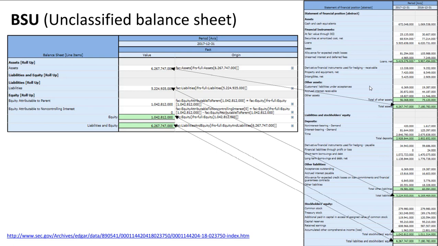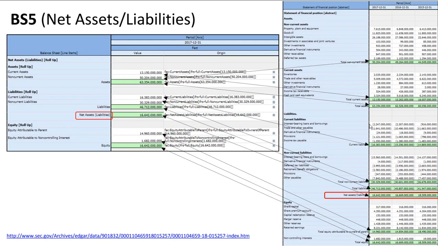Another pattern of a balance sheet is an unclassified balance sheet. There are certain industries, for example banks, that use an unclassified balance sheet. Another type of balance sheet is a net assets balance sheet. This is IFRS, so here you have net assets and liabilities. You have total assets, total liabilities, then total assets minus total liabilities is net assets, and that equals total equity.